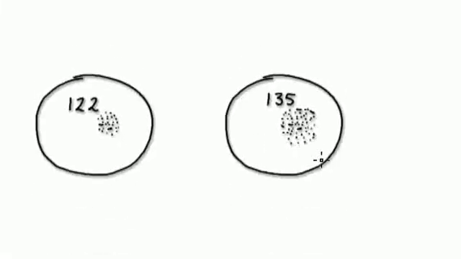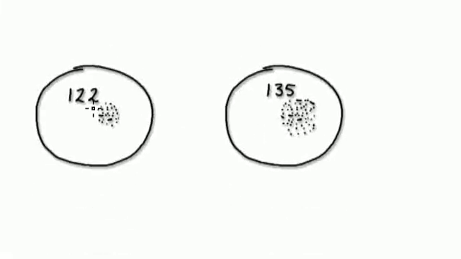All right. So this one here, let's say you're a scientist, and in this dish there are 122 bacteria, and then 2 hours later there are 135. What is the percentage increase? So press pause and have a go. So draw your diagram here.